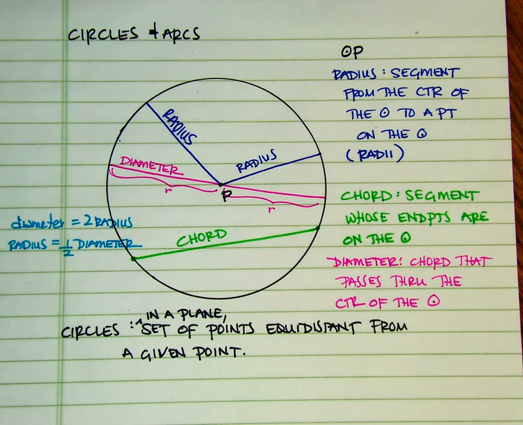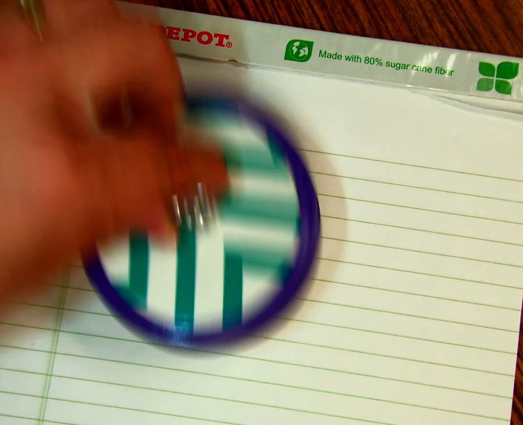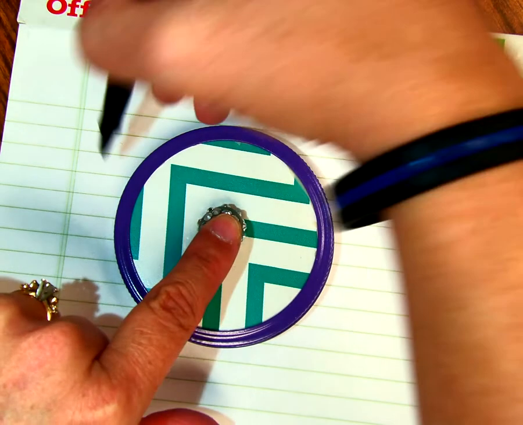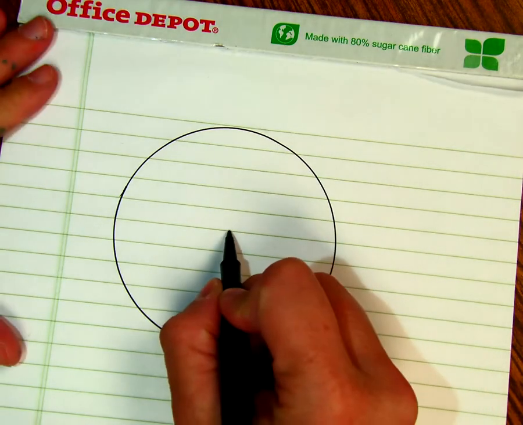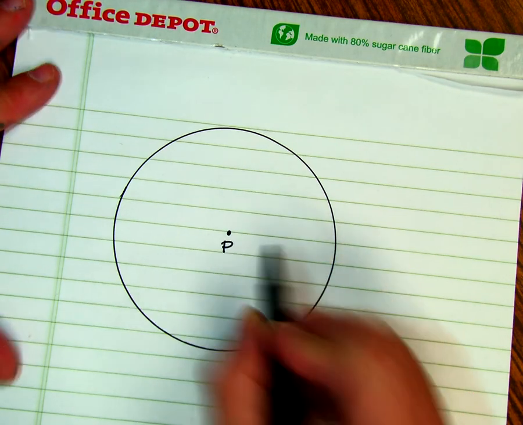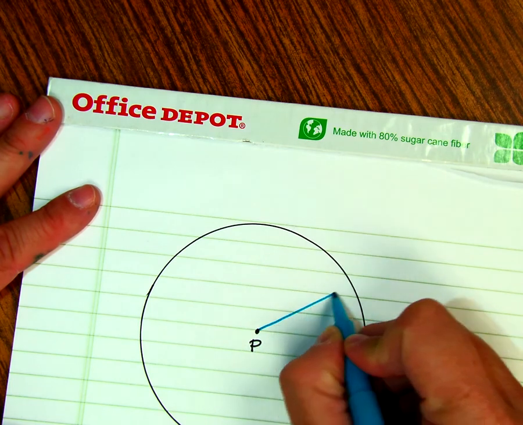I think I'm going to draw a separate circle to talk about arcs. Cheat by copying another one. So we have circle P, and we have a radius.